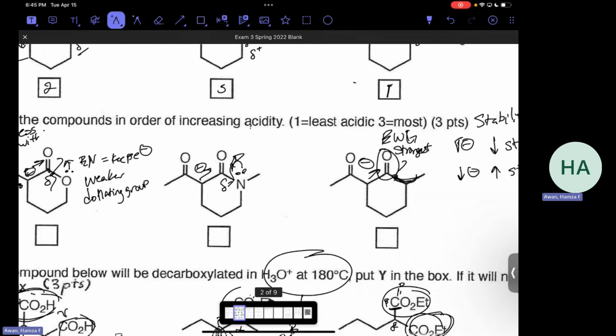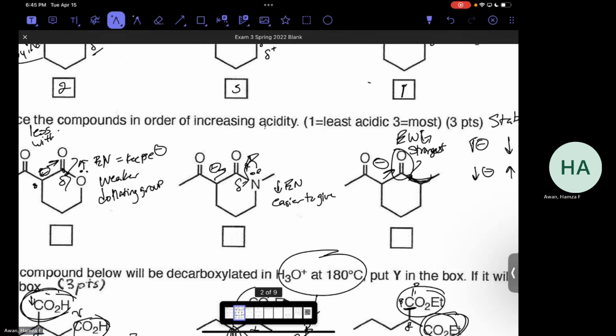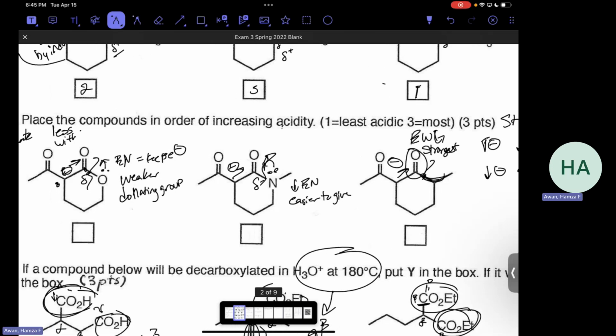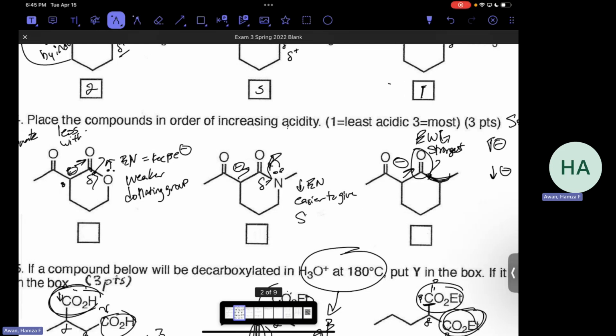nitrogen, which is a less electronegative atom, which makes it easier to give. Because it's easier to give, it's going to be able to give more electrons, so it's going to be a stronger donating group.